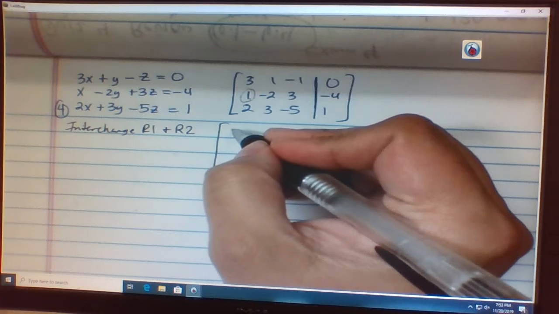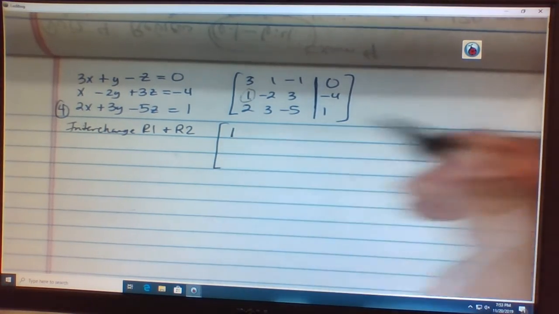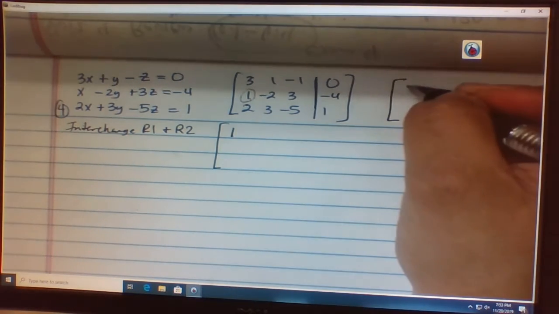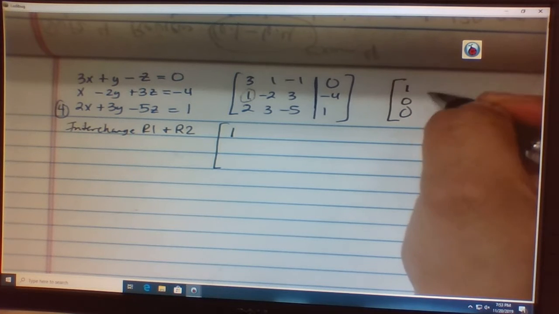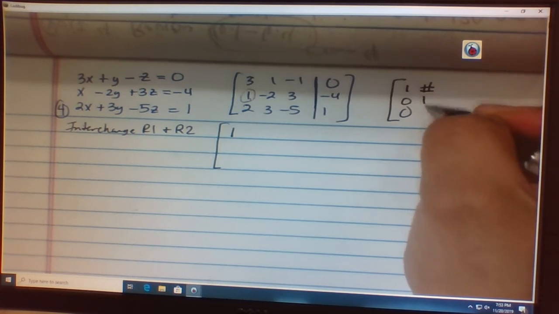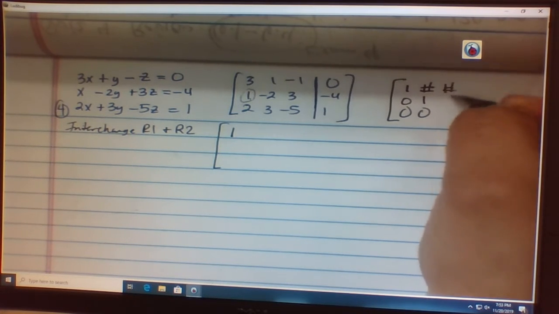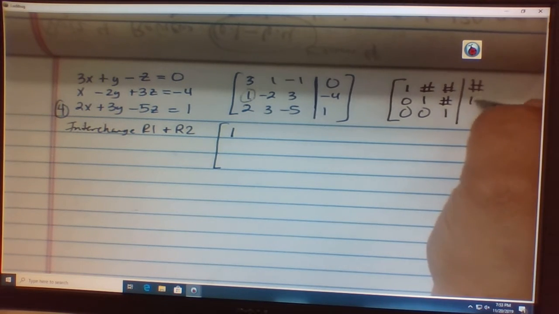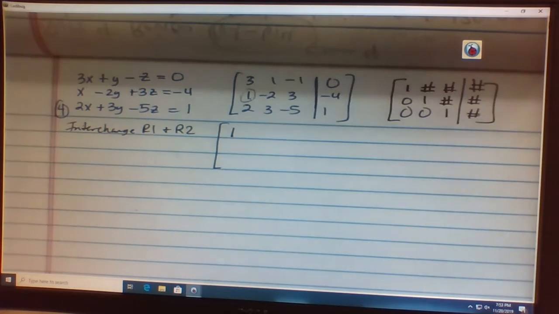Can you write the goal? I know it's in our notes. The goal is 1, 0, 0, number 1, 0. So your goal is a diagonal of 1s with zeros below.